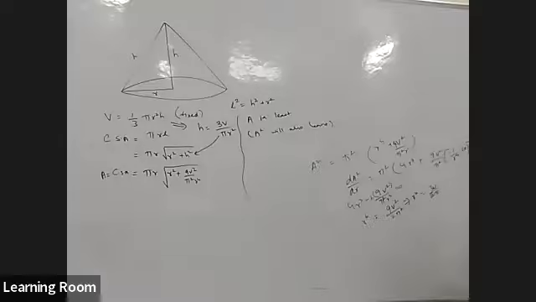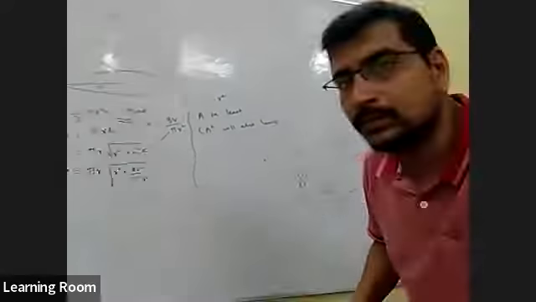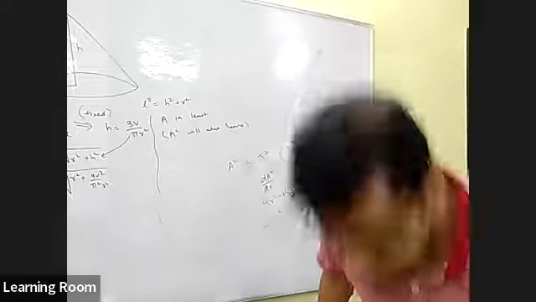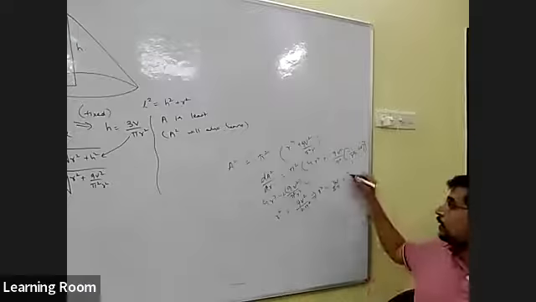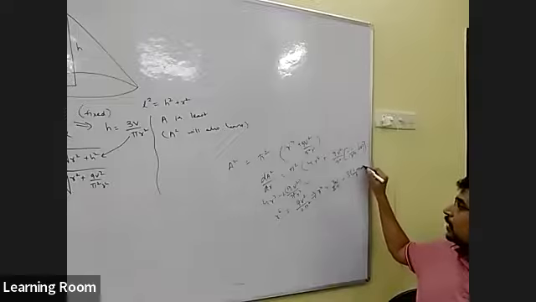If they ask you the relation between h and r, h is equal to root 2 r. Then r cube is equal to 3b by root 2 pi, correct? So can I write it as, 3 into b is 1 by 3 pi r square h, divided by root 2 pi r.